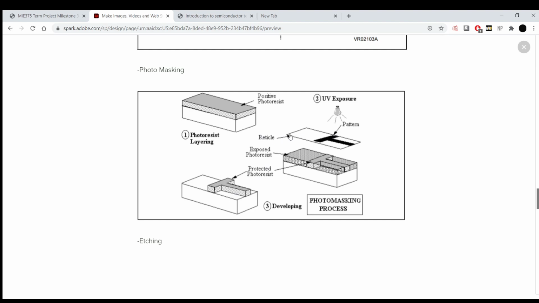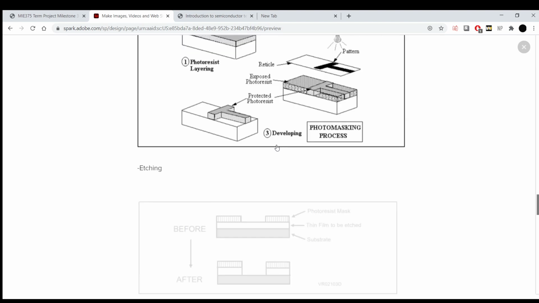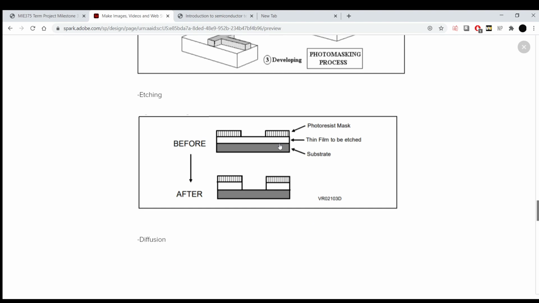It's like a mask that basically safeguards certain parts of the product and lets the light shine through in other parts. So, etching. What is etching?